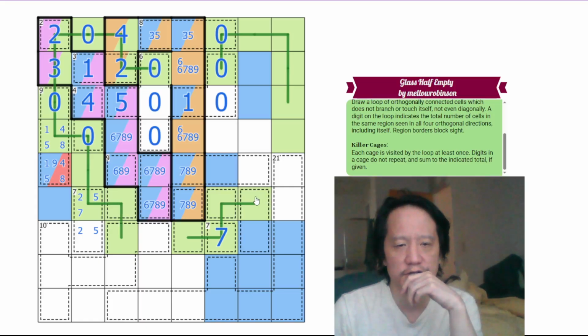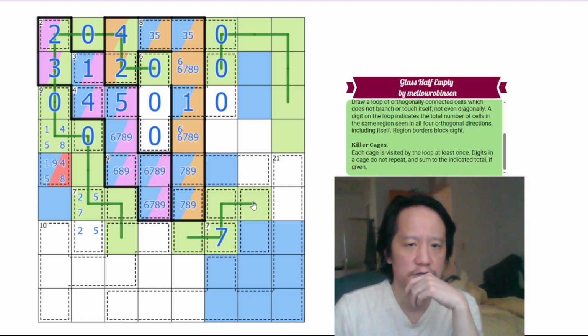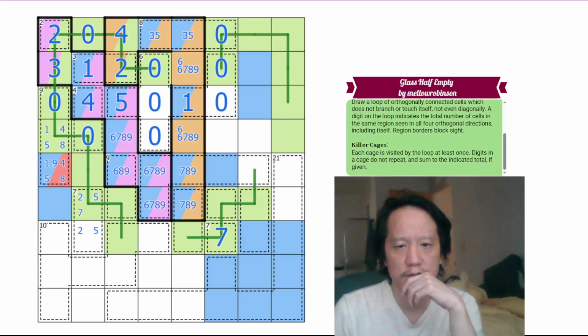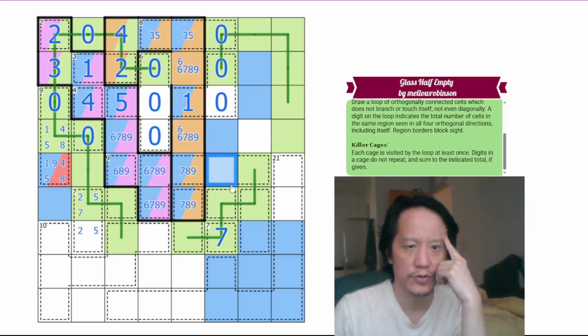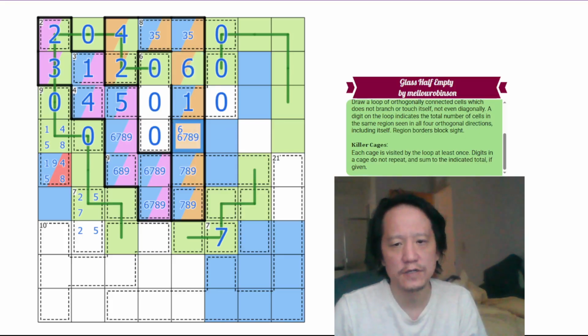This has to enter into this cage, so it must enter that way. So this cannot be part of the loop. So it can't go this way, which means it must go this way. So it has to go this way, which makes this a 6. So this can't be 6. This is a 7, 8, 9 triplet. This goes that way on the loop.